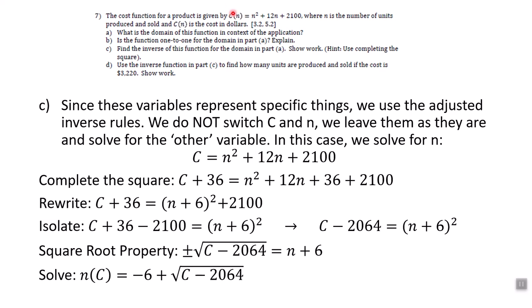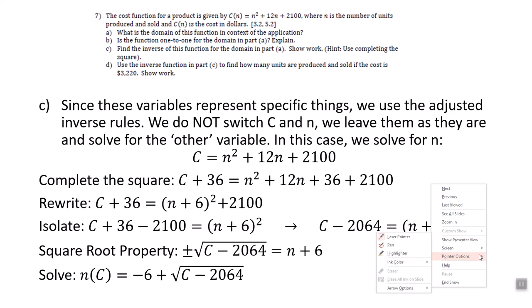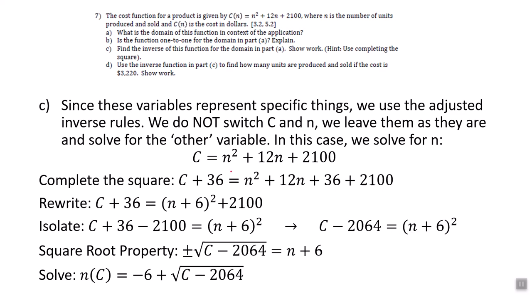Since c is isolated, our goal will be to get n by itself. So c equals n squared plus 12n plus 2100. We're going to use completing the square. So I'm looking at the n squared plus 12n, and I want to rewrite this as a perfect square binomial. So I take half of 12, which is 6.